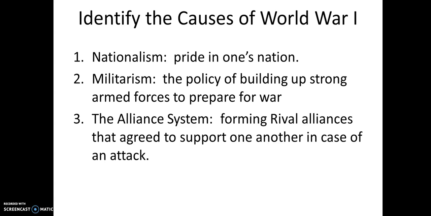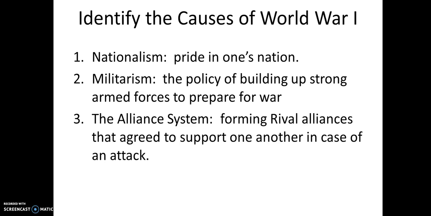But Serbia, who Russia had kind of tried to build up beef with, has problems with Austria-Hungary. A Serbian terrorist group assassinated the Archduke and his wife. Gavrilo Princip is the person. So the person that was going to be in charge of Austria-Hungary one day is killed.